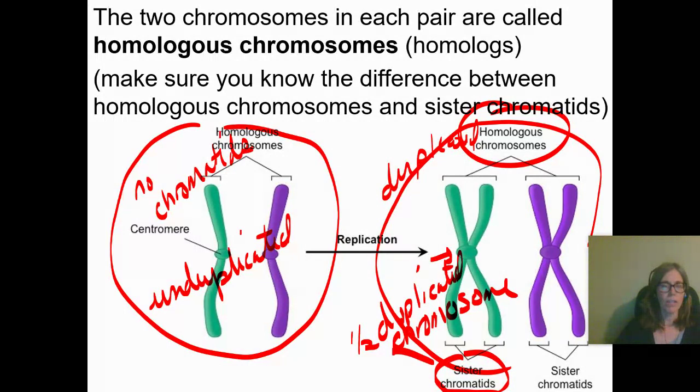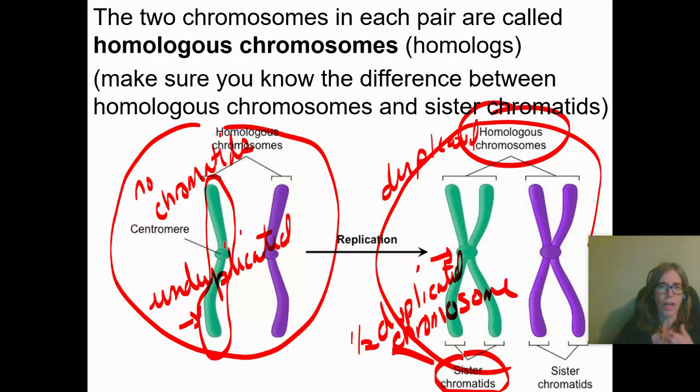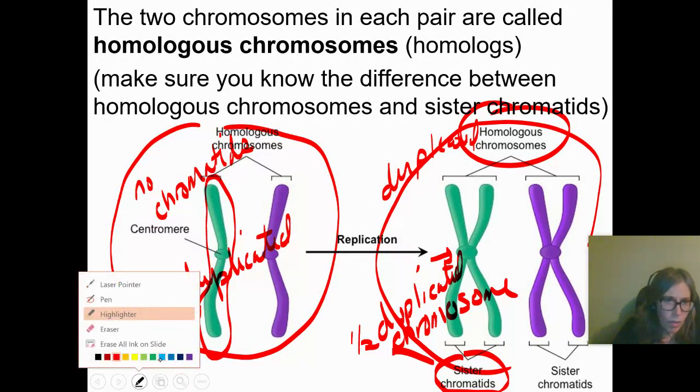You might find some videos that talk about this being one unduplicated chromosome. Some videos will say that's a chromatid. I don't know if I want you to worry too much about that. I would say it's no chromatids if you define a chromatid as half of a duplicated chromosome.